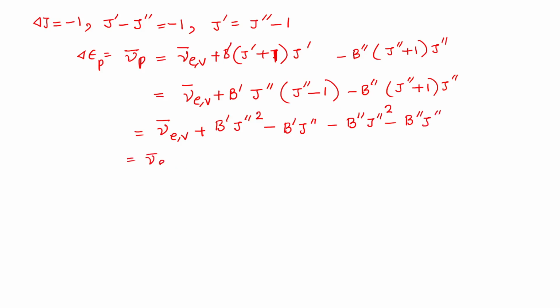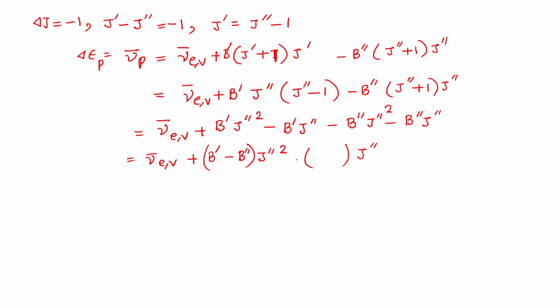And then let us take common your J prime square. So B dash minus B double dash, and then we also have J dash.